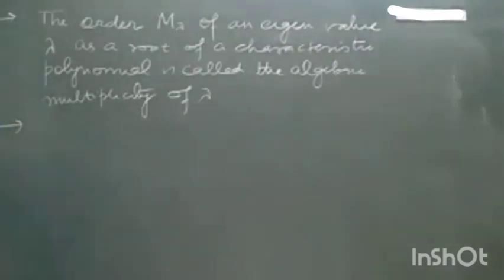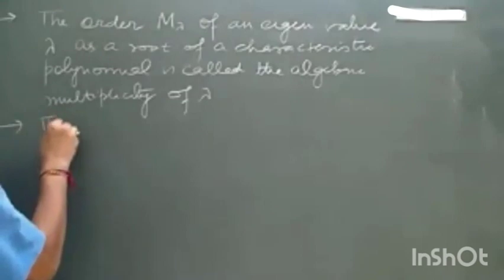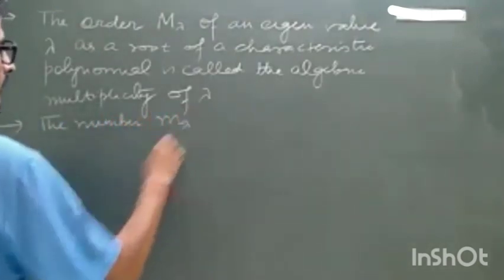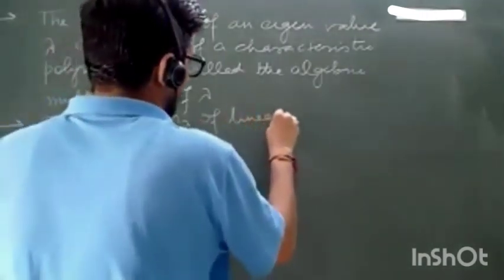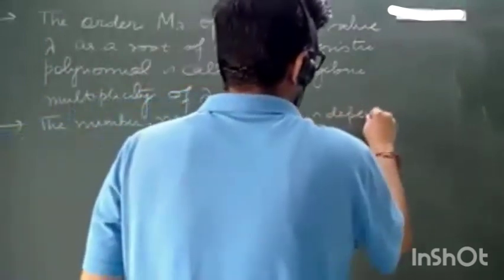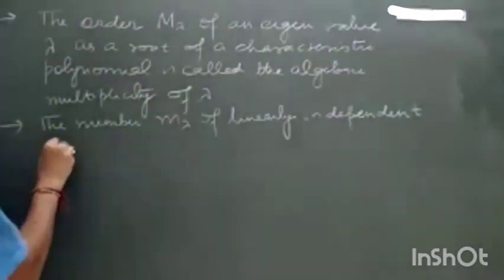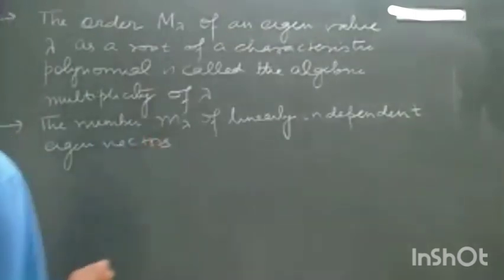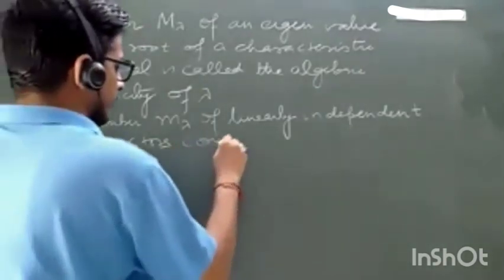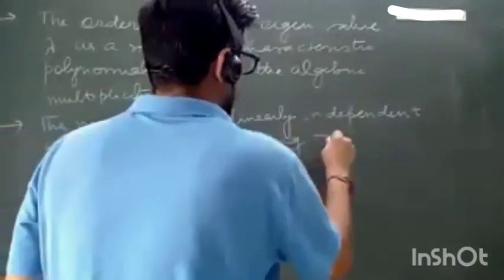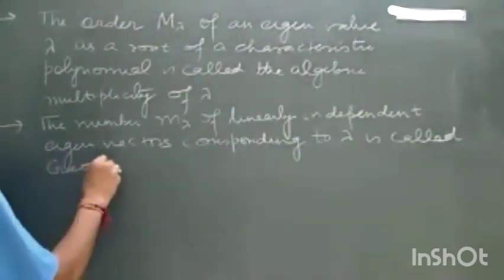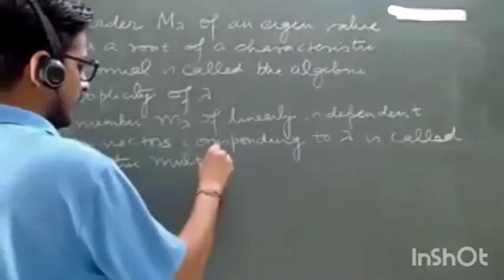Okay. Next, the number m lambda of linearly independent eigenvectors corresponding to lambda is called the geometric multiplicity.